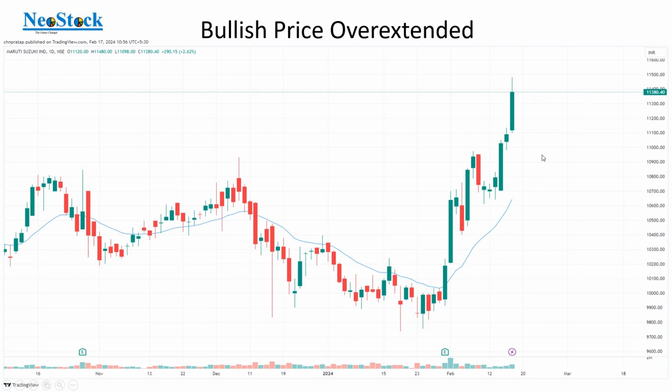The moment the EMA reaches here, price overextension completes. Once price overextension completes and the bullish market still continues, prices will again start moving up. These are the two different things you can observe. Let us look into the charts. Once we get into the charts, we will see.